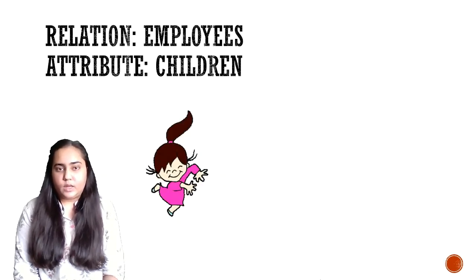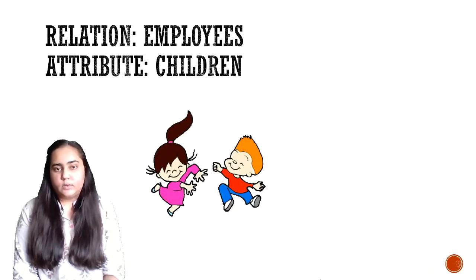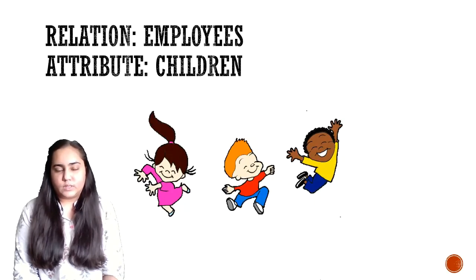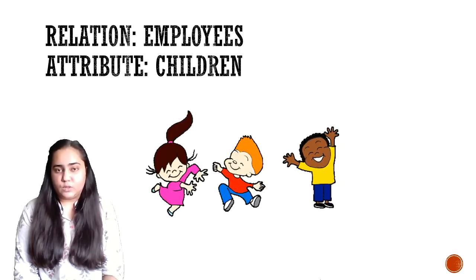So an employee could have one child, some employee could have two children, and another employee could have three children. So in this case, how are you going to store this data in your database? Are you going to store each employee with all the details thrice because the employee has three children and you want to store all three children in separate rows?